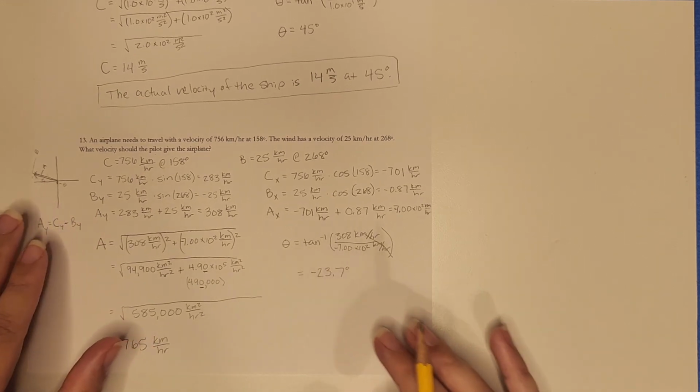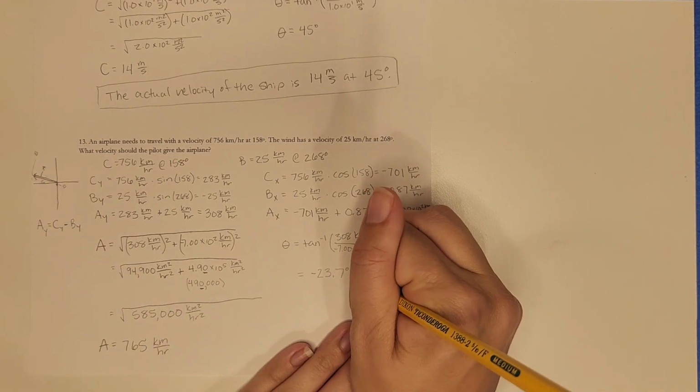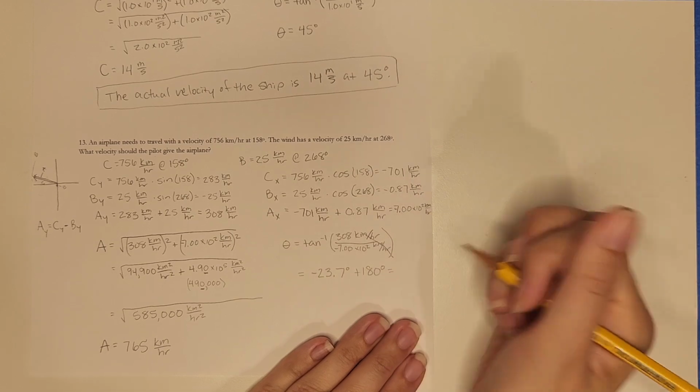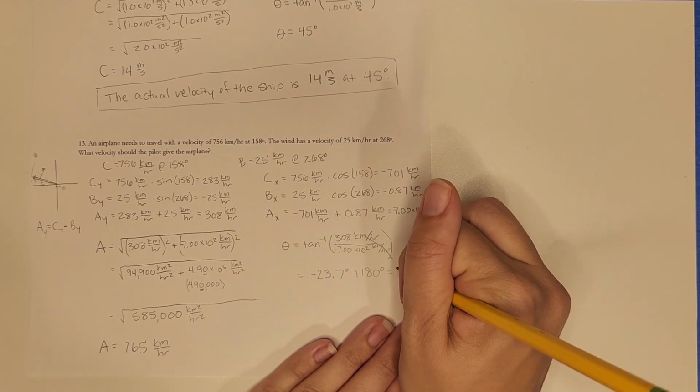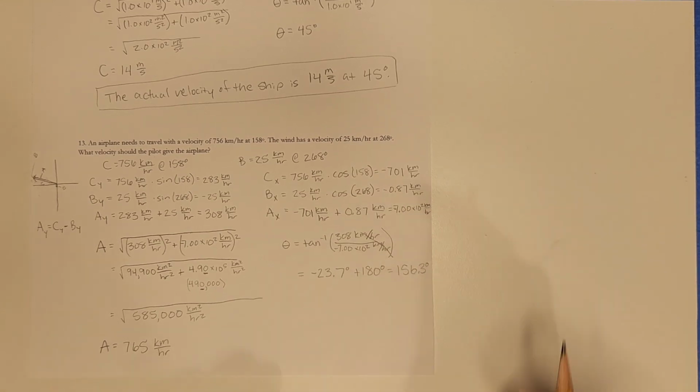Okay, so we're in quadrant 2, so we're going to add 180 degrees, and we will get 156.3 degrees.